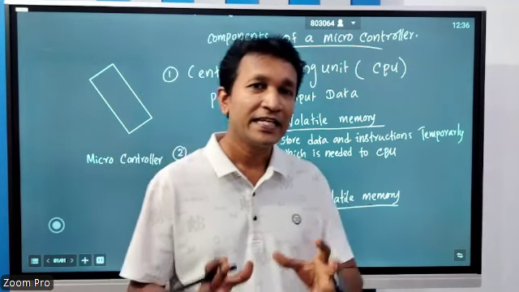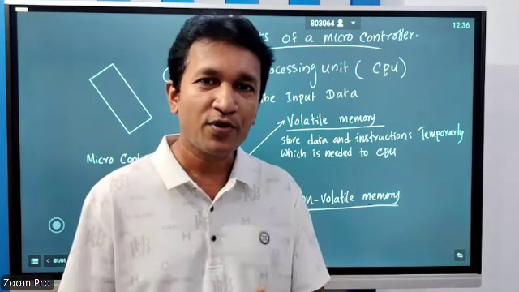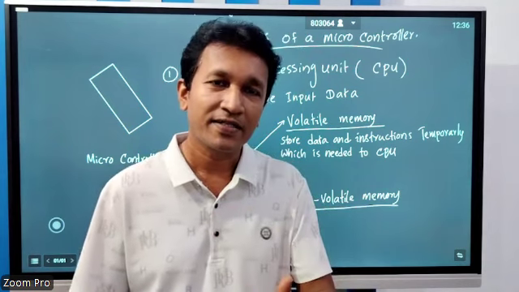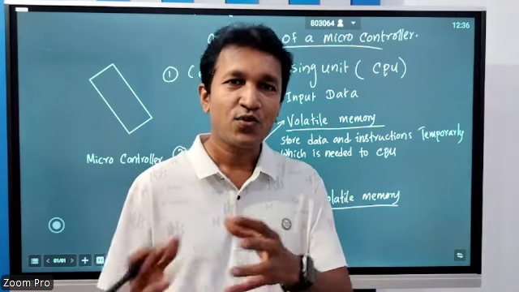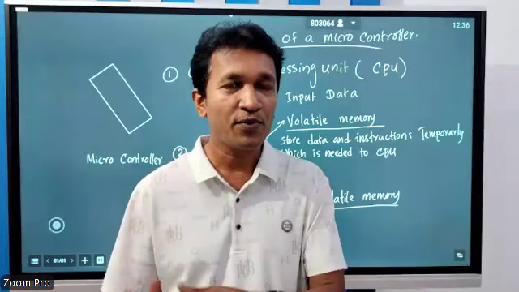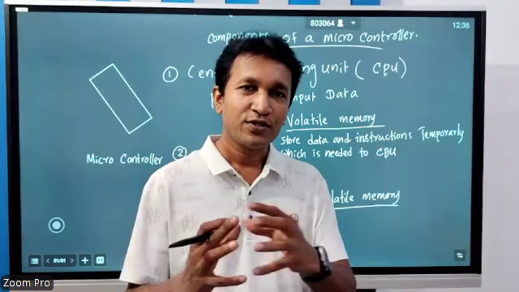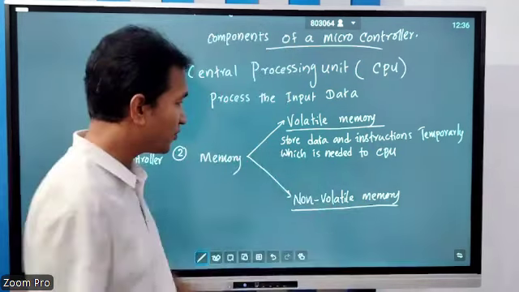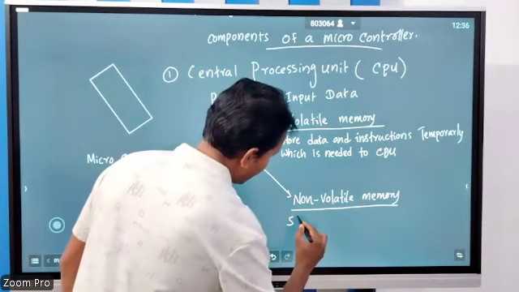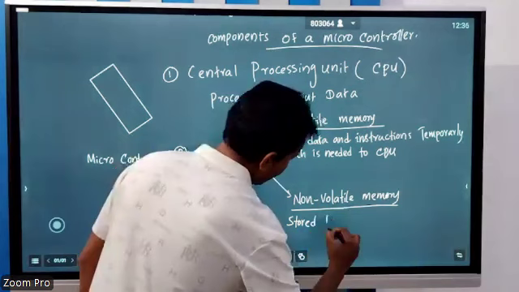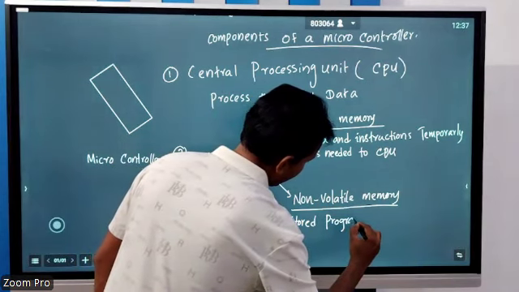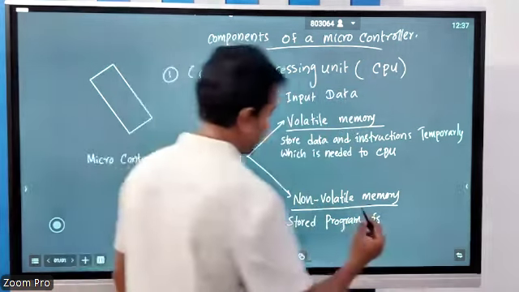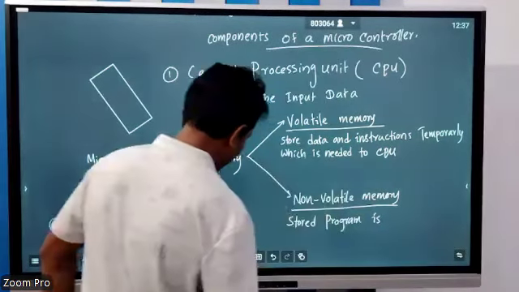I told you that in the microcontroller there is a stored program, right? A program must be written and stored in the microcontroller. That stored program is what gets processed later. So the stored program is inside the non-volatile memory, right?